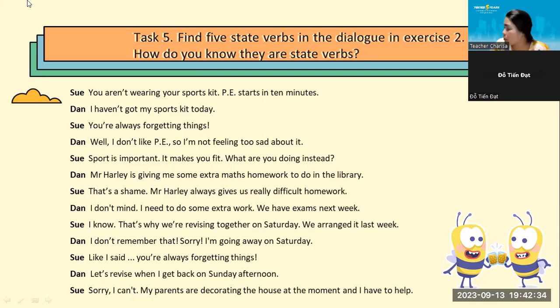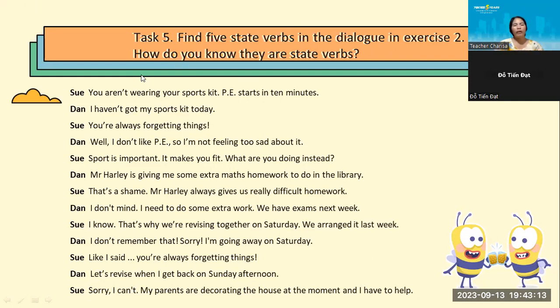I don't remember that. Sorry, I'm going away on Saturday. Like I said, you're always forgetting things. Let's revise when I get back on Sunday afternoon. Sorry, I can't. My parents are decorating the house at the moment and I have to help.